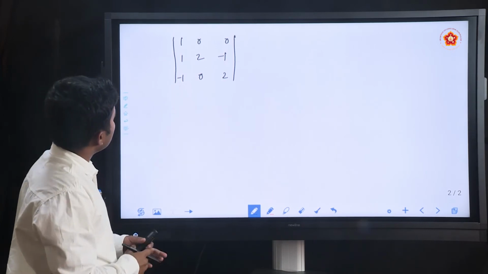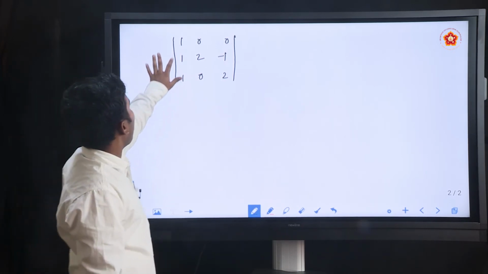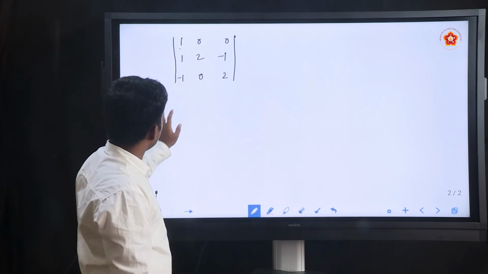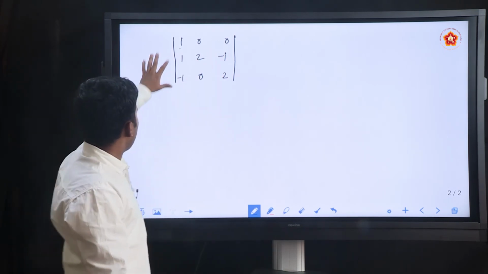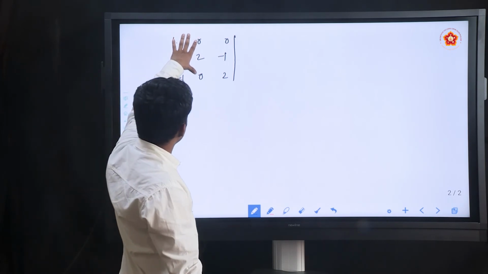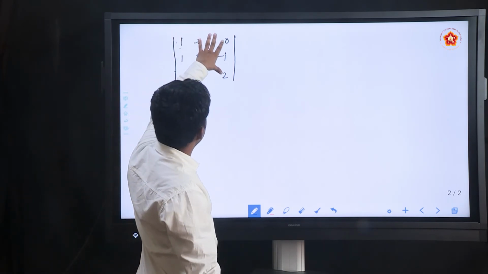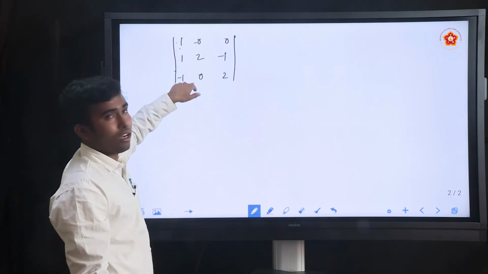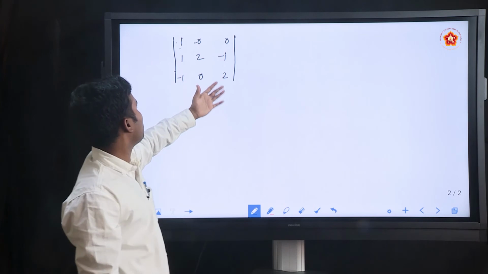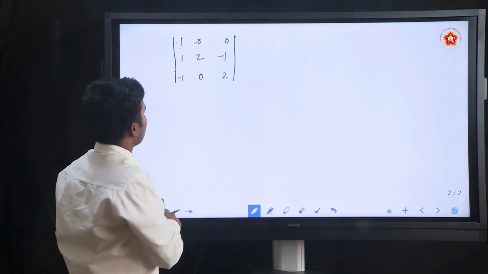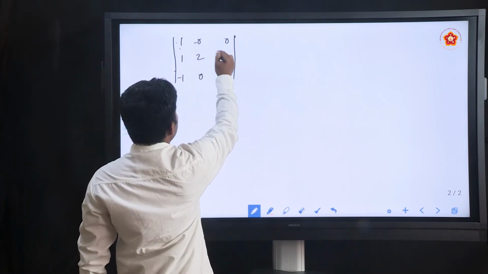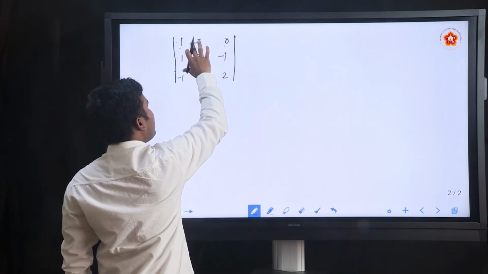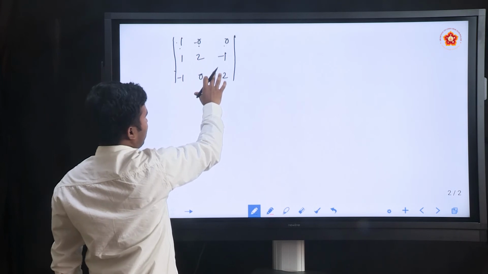First you look at it: R1 has 2 zeros, R2 has no zeros, and R3 has 1 zero. C1 has no zeros, C2 has 2 zeros, and C3 has only 1 zero. That means we can expand along C2 or along R1. If you expand along R1, we have the maximum number of zeros, so it will be easier to calculate the determinant value.